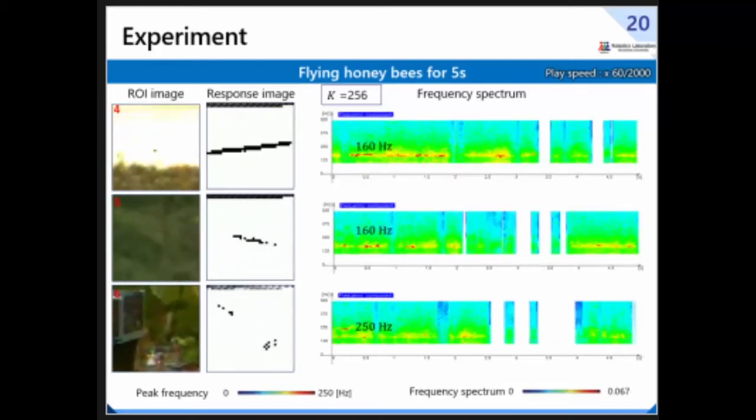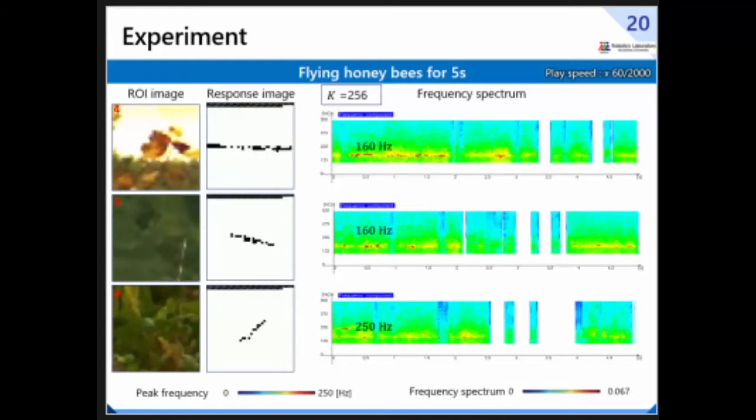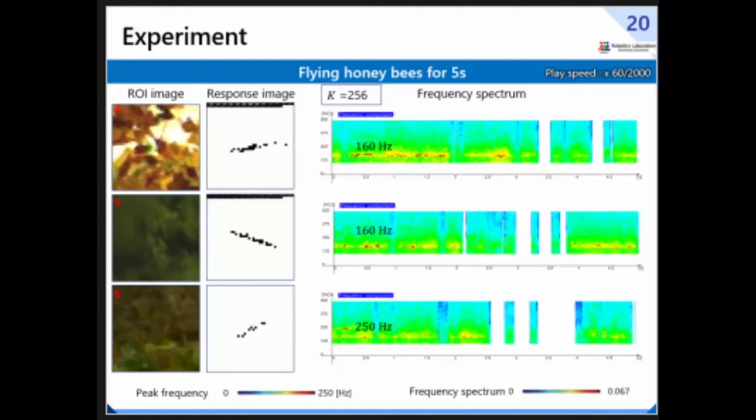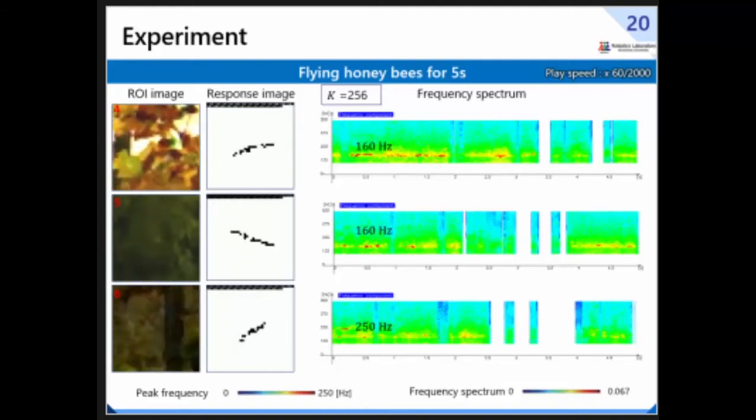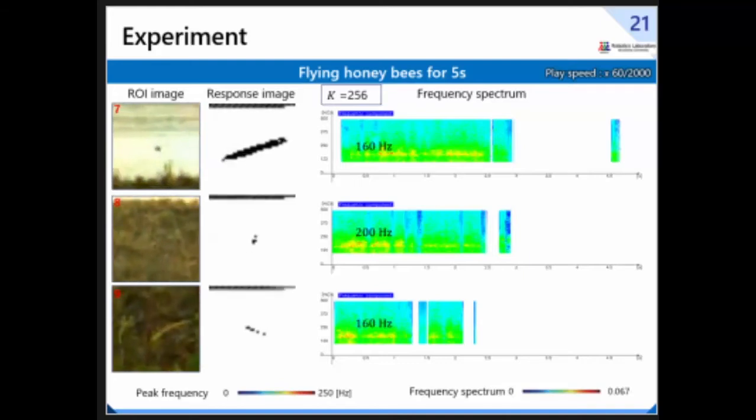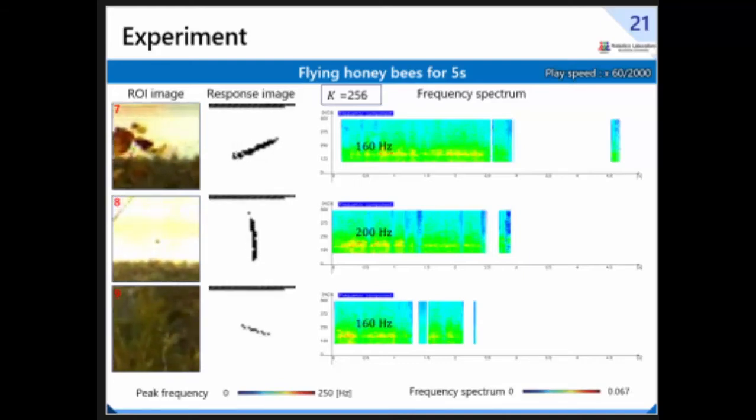Level 6 honeybee's flapping frequency is around 250 Hertz for around 0.5 seconds. Generally, each honeybee's peak frequency is detected around 160 Hertz.